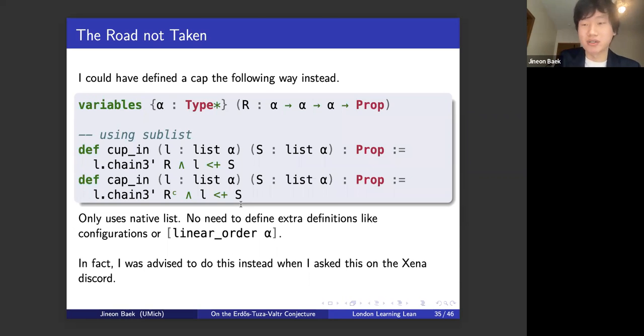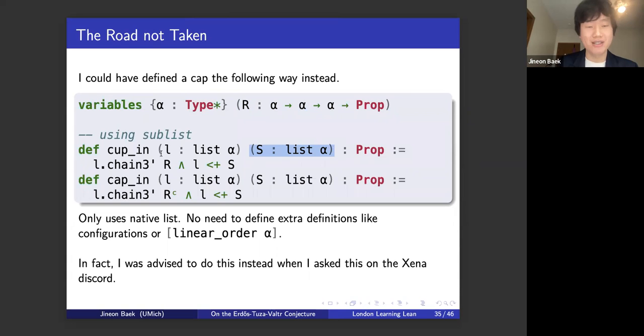So here, what you see is an alternative definition of a cup. This R basically is cup 3, whether they form a 3-cup or not. And then we have a global list of points S. Not only is this S a list of all the points, it's already ordered in increasing order of X coordinates.